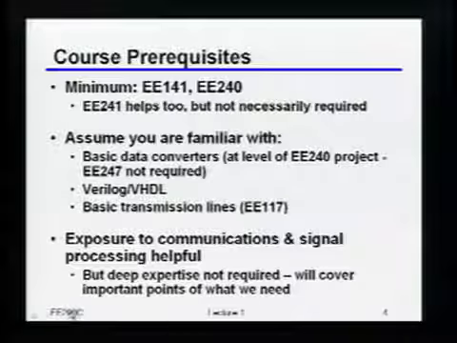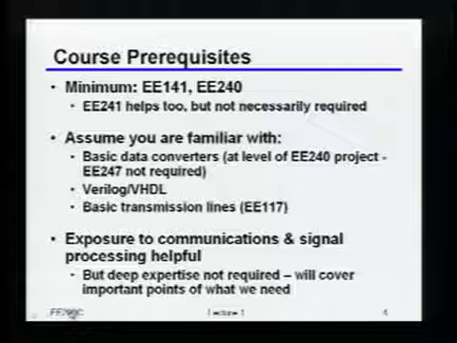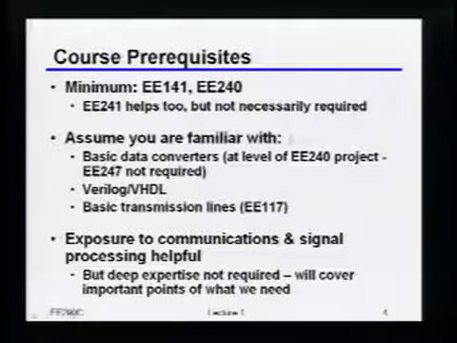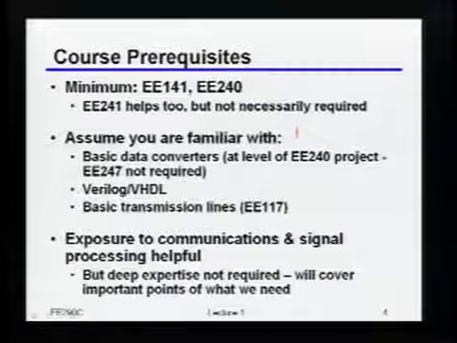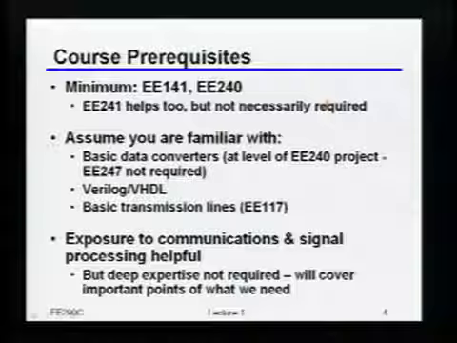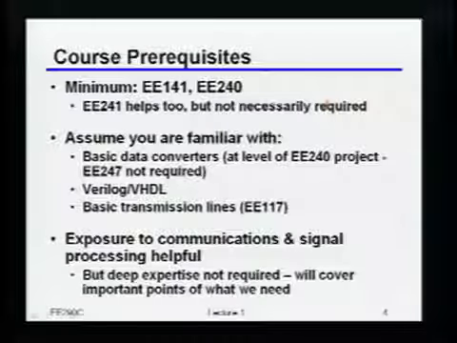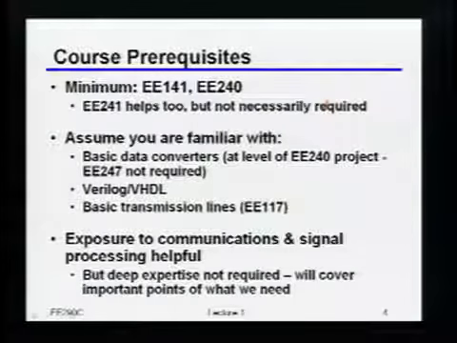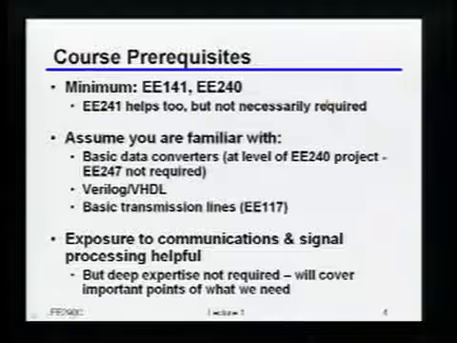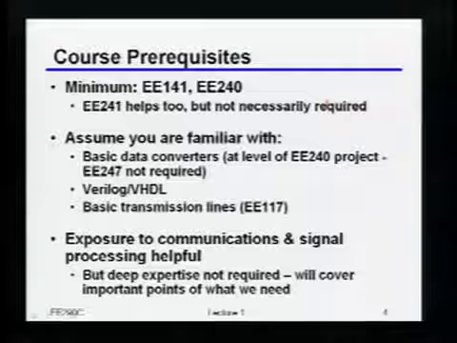But as long as you've had some version of 240, you should really know everything that you need to know to do this class. There are a few things that I'm going to assume you're at least vaguely familiar with or you've heard about before. So first, I'm going to assume basic data converters, so comparators, flash ADCs, maybe even slightly more complicated types of things you're familiar with. Similarly, basic digital to analog converters, and that's actually probably more important.